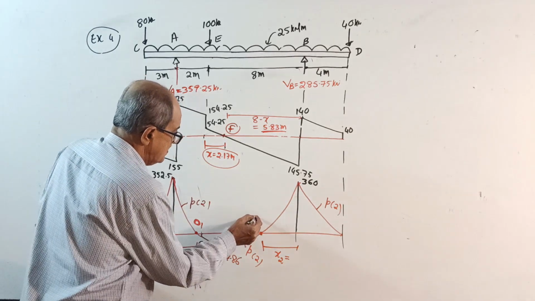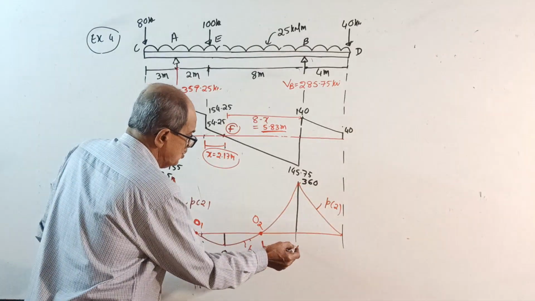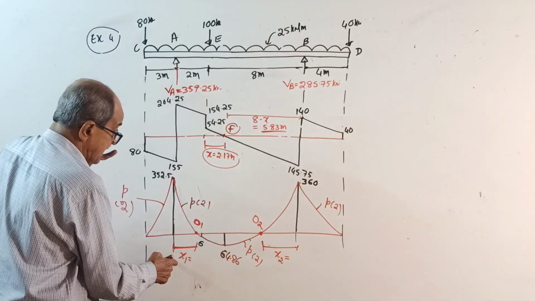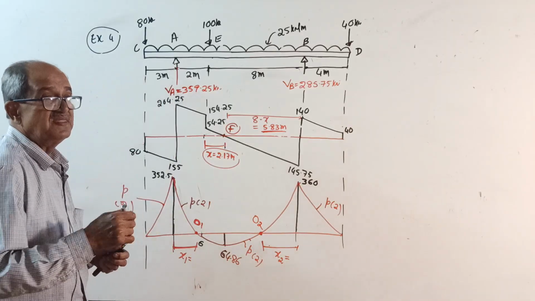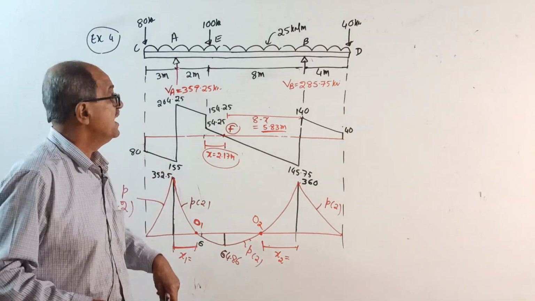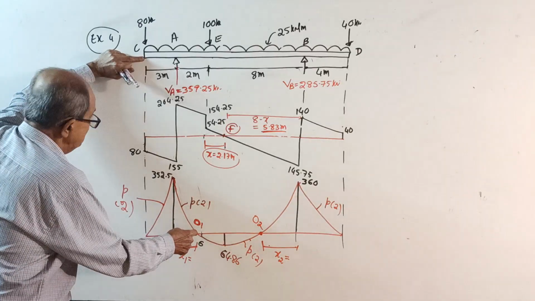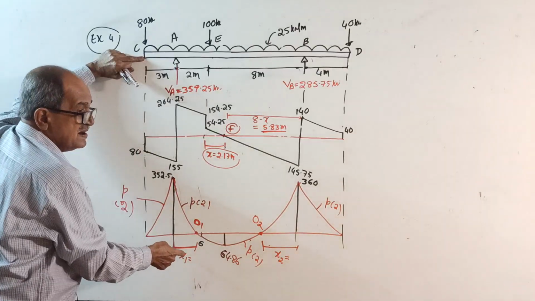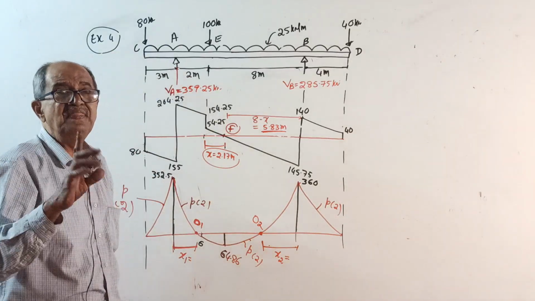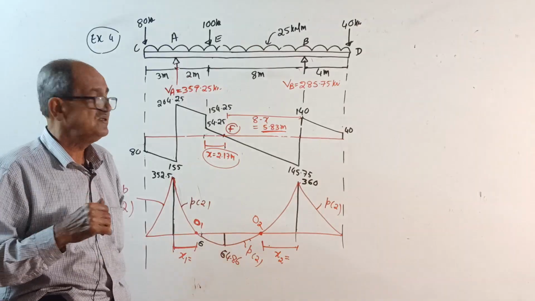Let O1 be X1 from here, O2 from here. What X1 you get here in the software depends upon the local origin. If local origin is here, this distance will come 3 plus X1. That all I will tell in the software. I told in the software class, not once, 100 times.